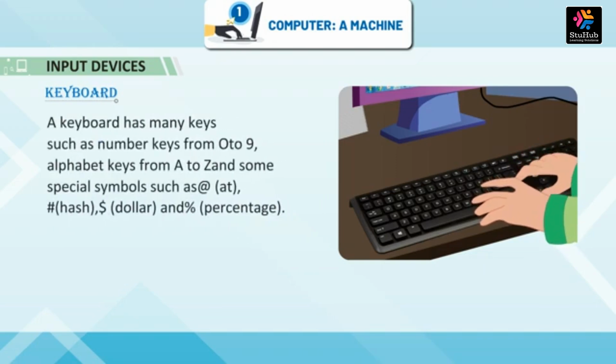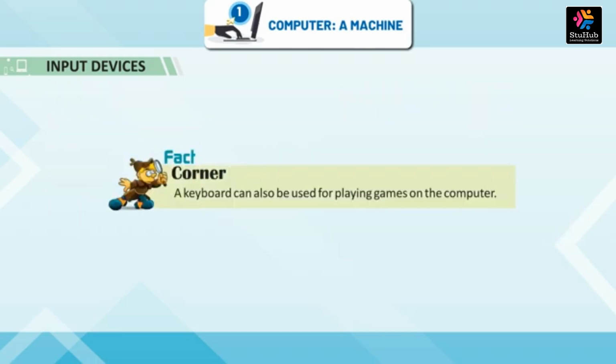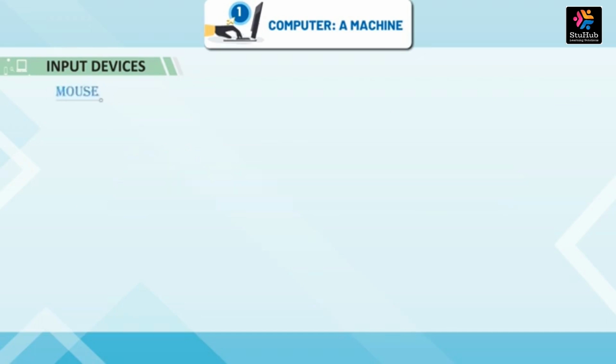A keyboard has many keys such as number keys from 0 to 9, alphabet keys from A to Z, and some special symbols such as @, hash, $, and %. Fact Corner. A keyboard can also be used for playing games on the computer.